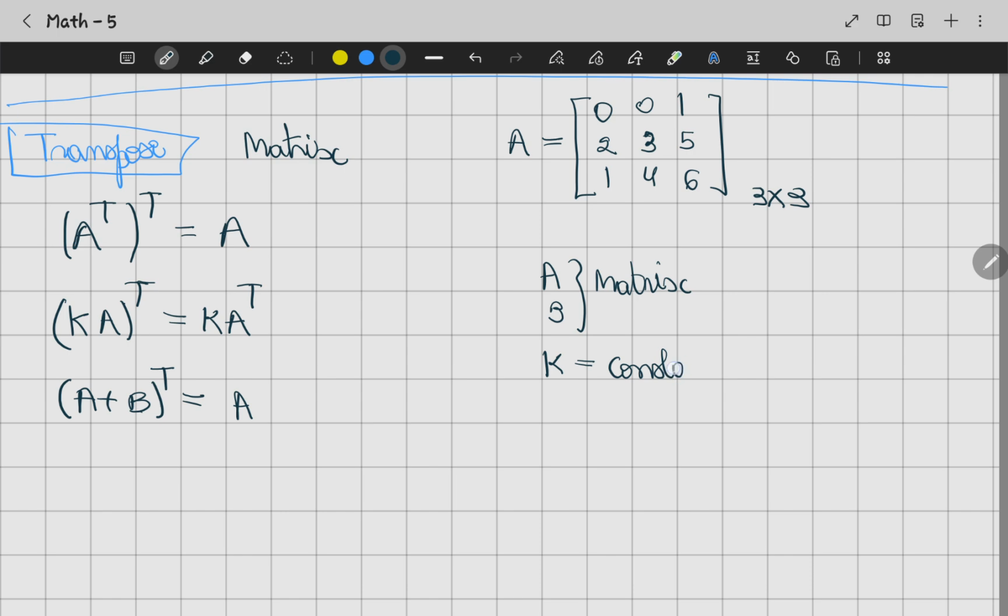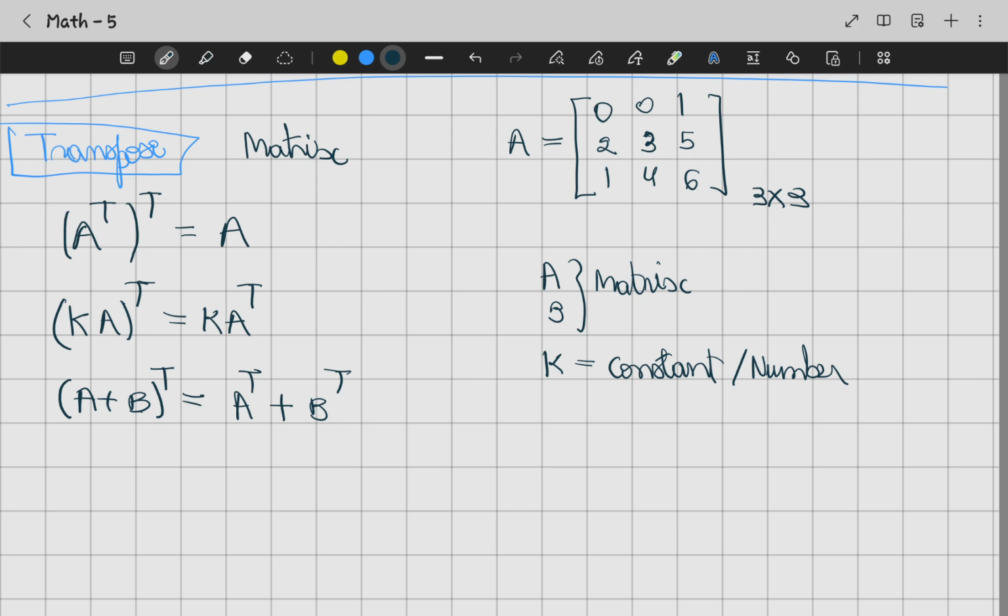That's why we didn't add it there. It could be a constant or number or something like that. So now we have two matrices, so it's going to be A transpose plus B transpose. That's what you see.